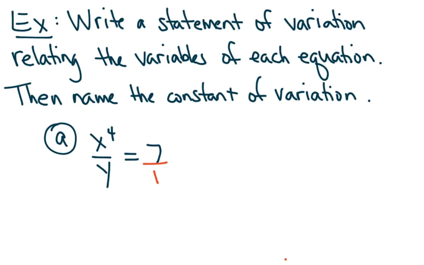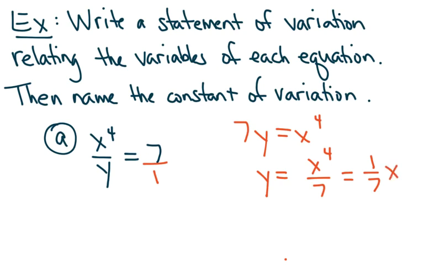This is just a proportion, so 7y is equal to x to the 4th, which means that y is x to the 4th over 7, which is the same thing as 1/7 x to the 4th.